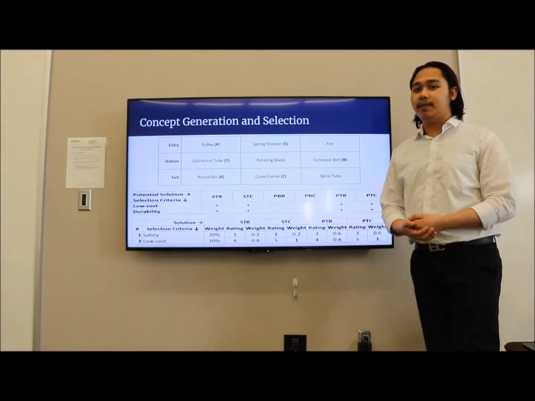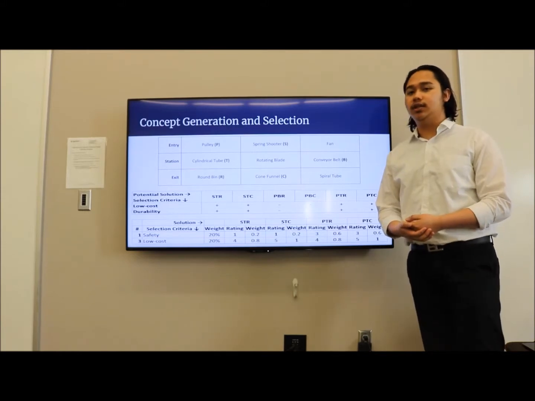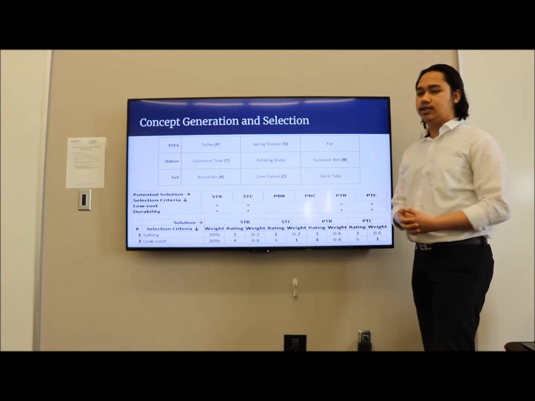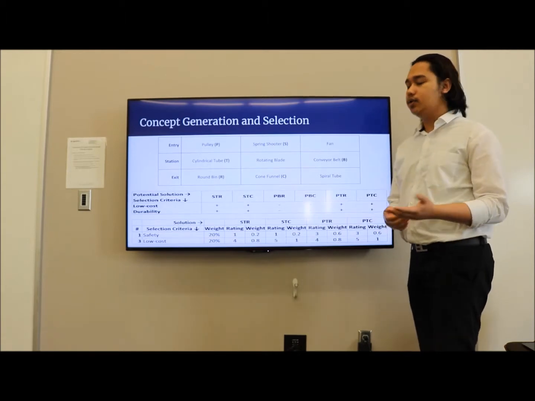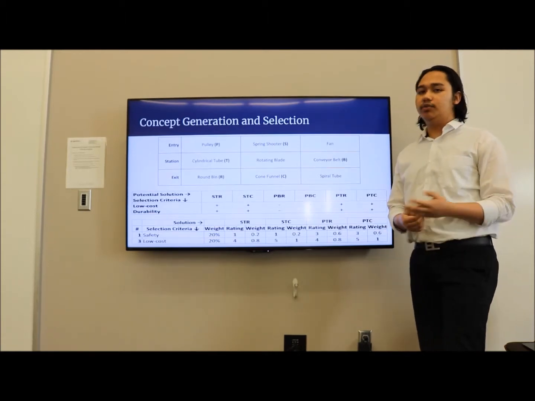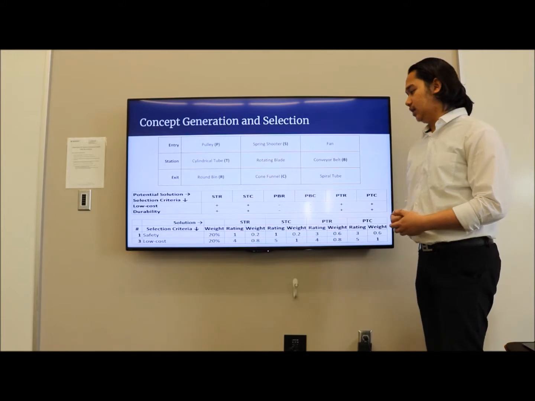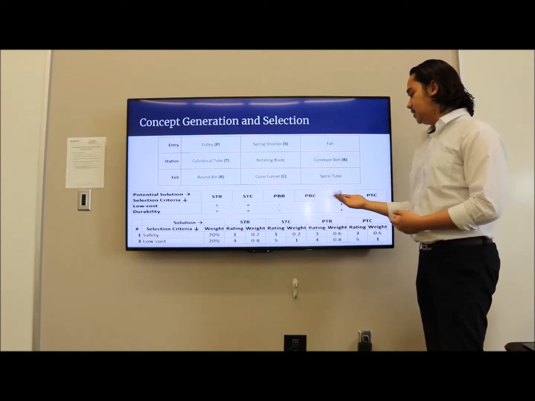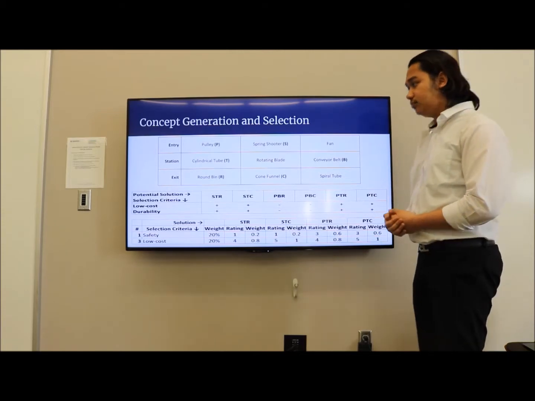Okay, next we move on to the concept generation and selection of our BRG project. Using the 6-5-3 method, we've generated 9 solutions in total, with 3 solutions for each station. And using the 9 solutions, we've generated a combination of solutions, which you can see over here as STR, STC, PBR, PBC, PTR, and PTC.